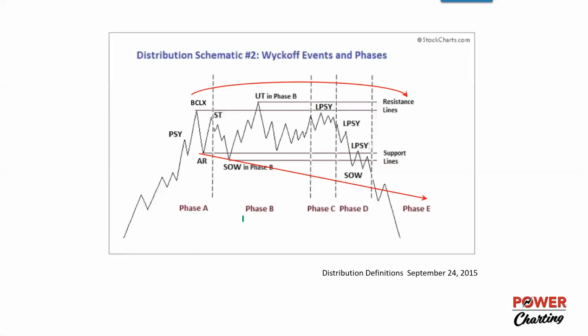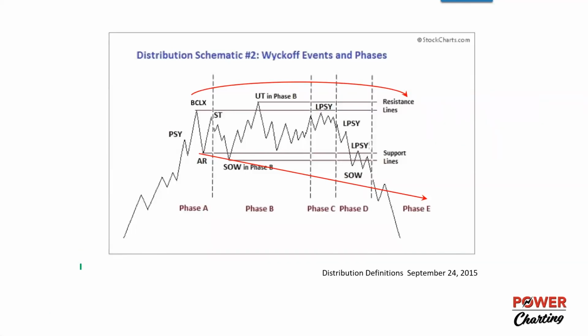We're going to talk a little bit about stocks that are in distribution. So let's look at these schematics again. We first looked at them last week. And I want to talk about the distribution versus reaccumulation phenomenon and how that is a paradox. I think that I didn't discuss it well enough last time. Let's go through this.